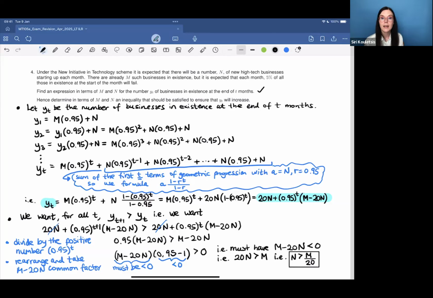And when it comes to checking our answer, well, at least it seems that it makes sense that in order for yt to increase, the number of new businesses must be strictly greater than 1/20th of M. In other words, than 5% of M, which is exactly the number of businesses that fail each month of those that were in existence. So somehow it seems that that makes sense.